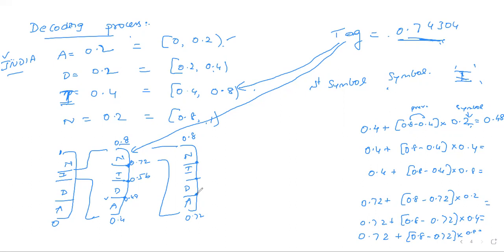So again you have to calculate the new intervals and check which symbol the tag belongs to. Like that you have to reduce the intervals. Calculate up to 4 to 5 symbols. Continue this process up to 4 to 5 symbols in the decoding process.